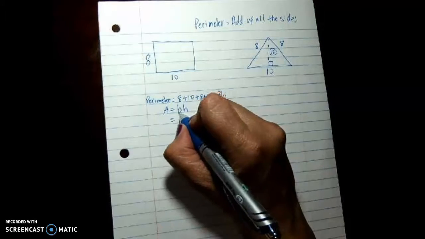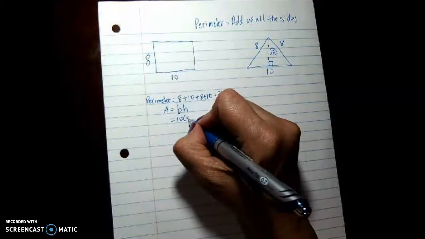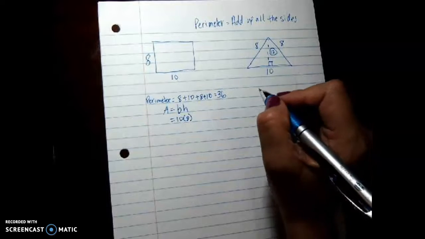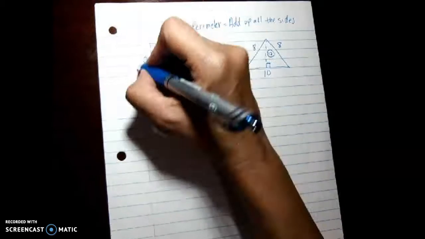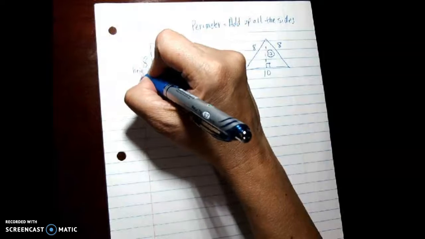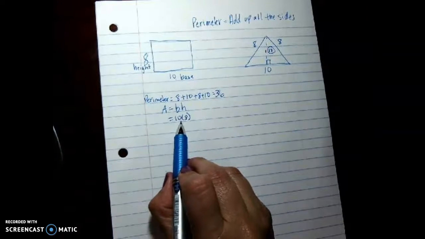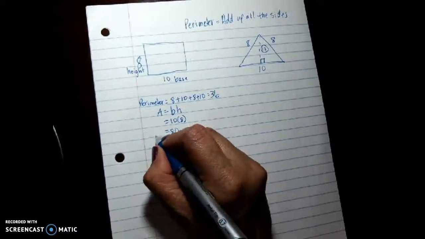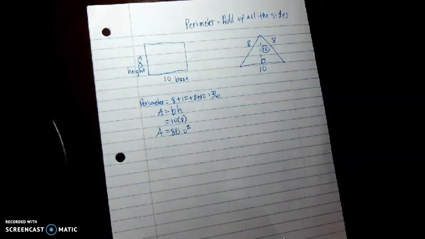The base is going to be 10, and the height is going to be 8. So this is the base, and this is the height. And then two numbers side by side always means multiply. 8 times 10 is 80. It is 80, let's just say units squared.